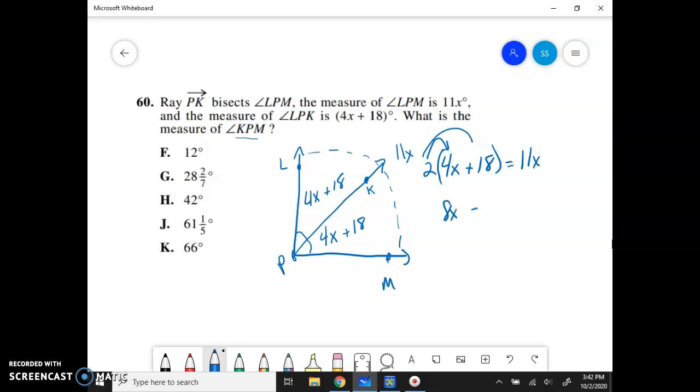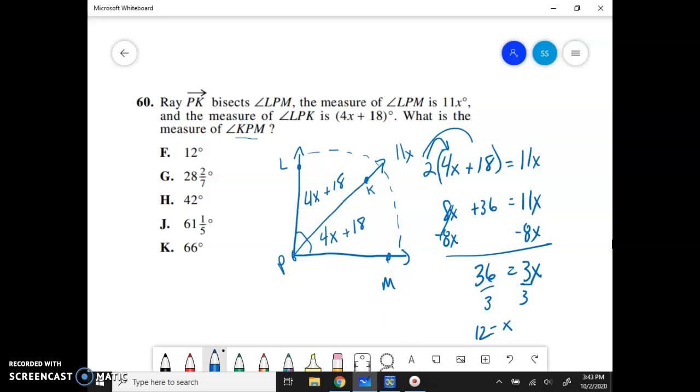We get 8x plus 36 is equal to 11x. And I just solve this equation. I want to get the variables on one side, so I'm going to subtract 8x. If I do it to one side, I have to do it to the other side. So I'm left with 36 is equal to 3x. And then I divide by 3, and we get x is equal to 12.